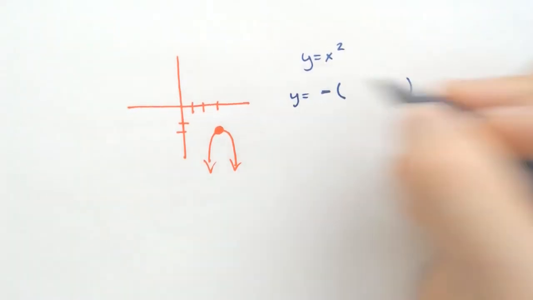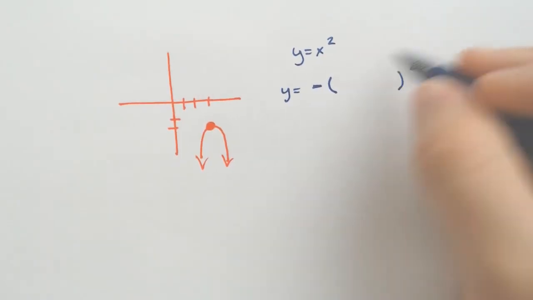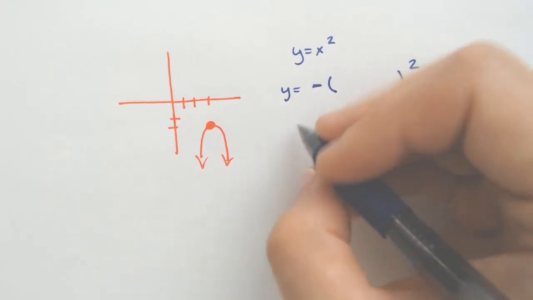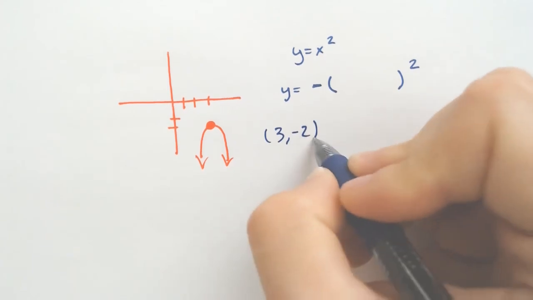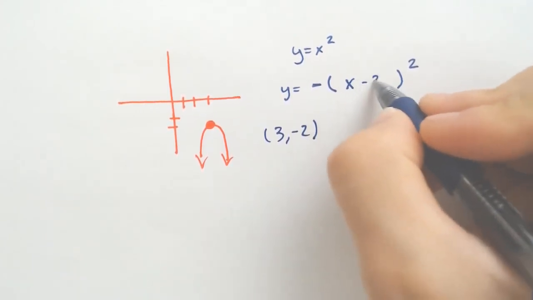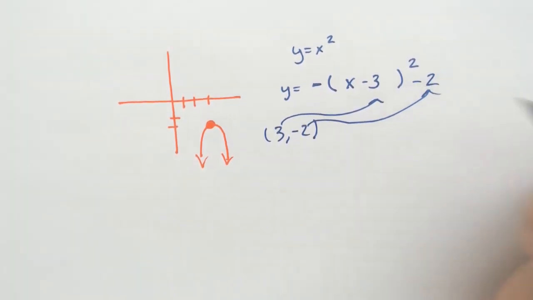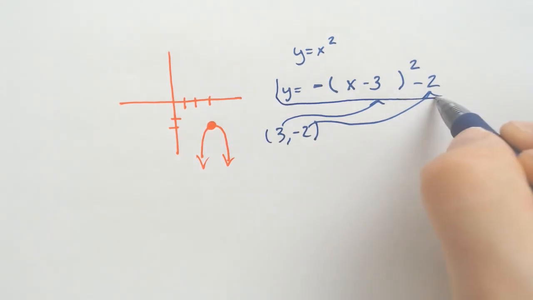That's an important feature because it's facing down. So negative in front. It's going to be squared because it is a parabola. Parabolas are squared. And again, if the vertex is (3, negative 2), change the sign of the 3, keep the sign of the negative 2. And there she is. That's the equation of the parabola.